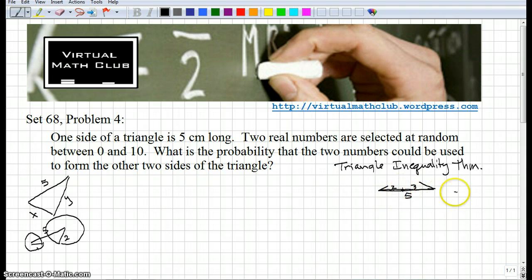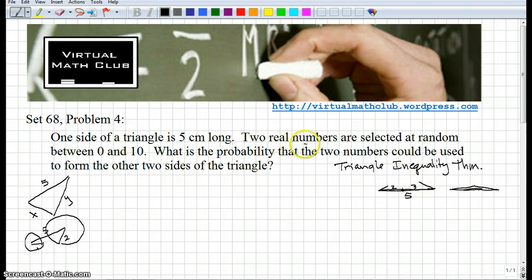But if we were just a little bit longer, if we had a side that's 5 units long, and we had 2.1 and 3, we would make a very shallow triangle, but we could make a triangle. Okay. So that's the triangle inequality theorem. It just says that the sum of the lengths of any two sides has to be greater than the length of the remaining side.